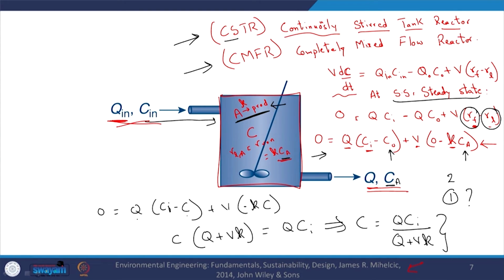So, again continuously stirred tank reactor, and this is something that we are going to use throughout the class. That is for you to keep in mind. Why is that? If you look at general wastewater treatment plants, which I am going to call the activated sludge process for now, we will understand what it is later.